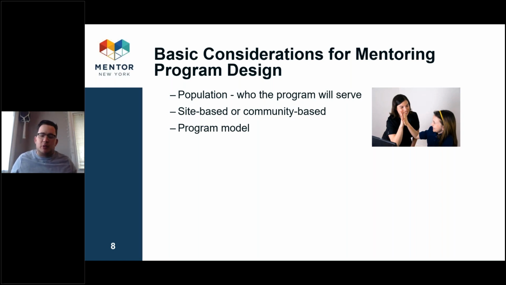A lot of times site-based programs will have a curriculum or a specific set of activities that they're working through. Site-based is also nice because, especially if you're doing group mentoring, it works a lot better than trying to coordinate. So you say, hey, we meet every other Saturday from 2 to 4 at the local community center, right? Then everyone knows when to show up.